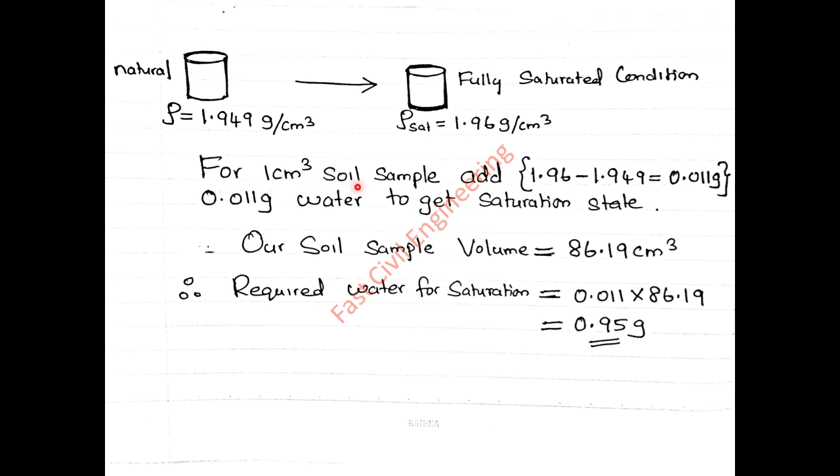For 1 centimeter cube of soil sample, 1.96 minus 1.949 is equal to 0.011 gram water to get saturation for 1 centimeter cube of soil. Our soil sample volume is 86.19 centimeter cube. Therefore, the required water for saturation is 0.011 into 86.19, which is 0.95 gram.